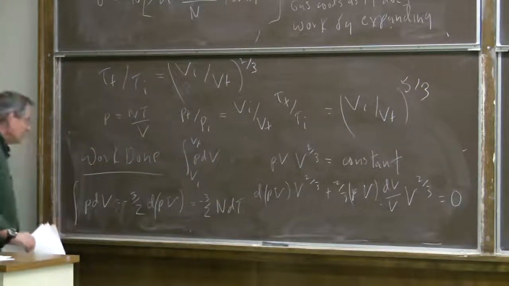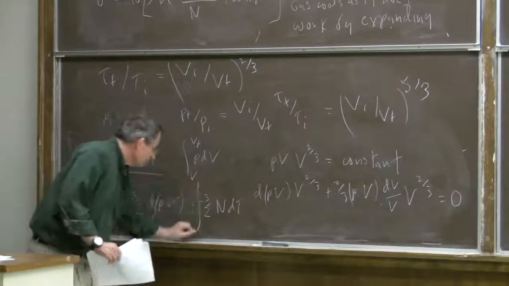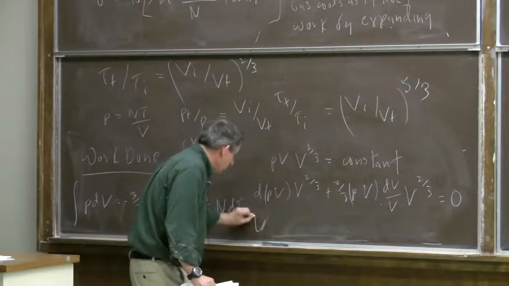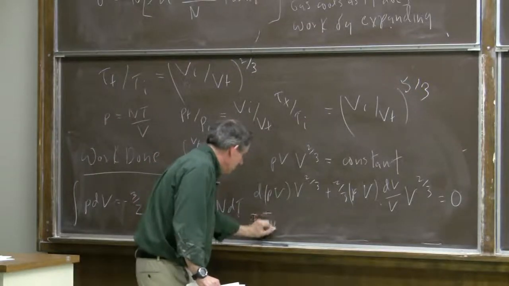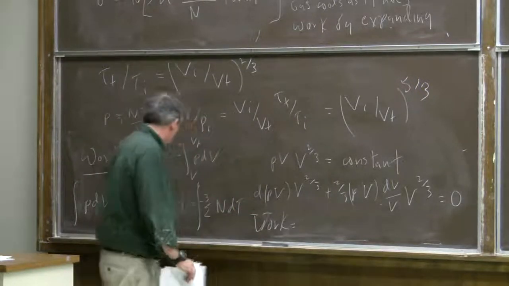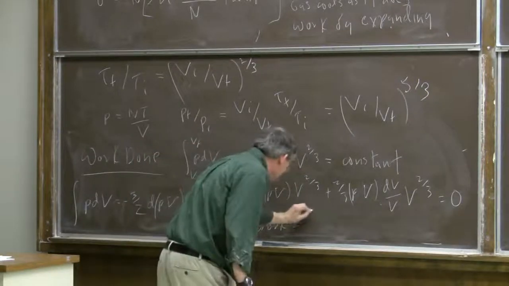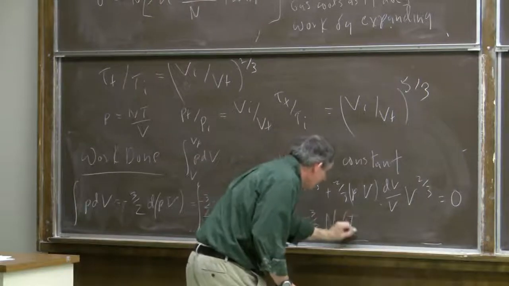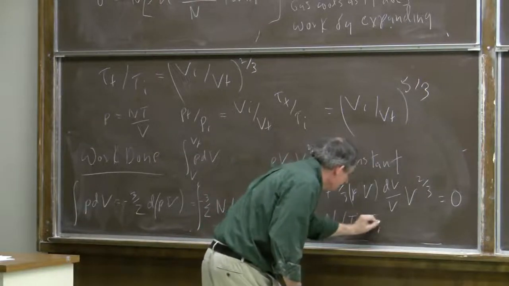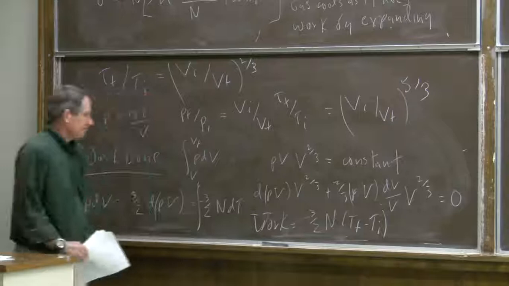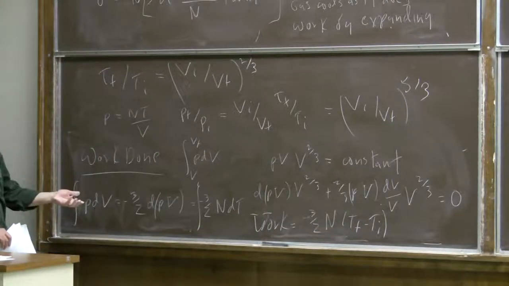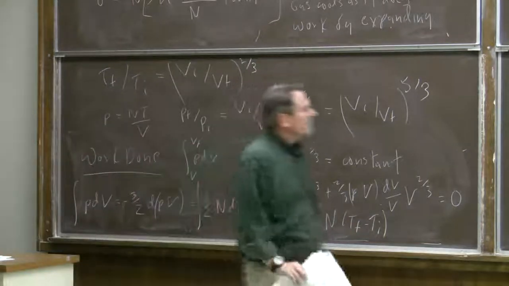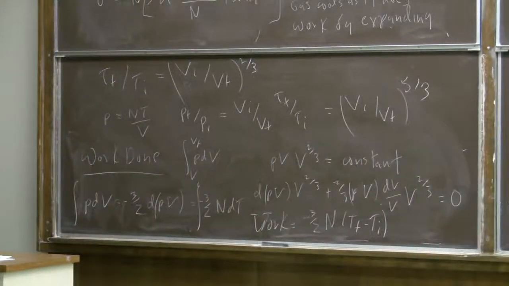So when I integrate PdV to find the work, the work is equal to minus 3/2 times n, final temperature minus initial temperature. Well, remember, the internal energy is just equal to 3/2 n tau. So that's just the change in the internal energy.